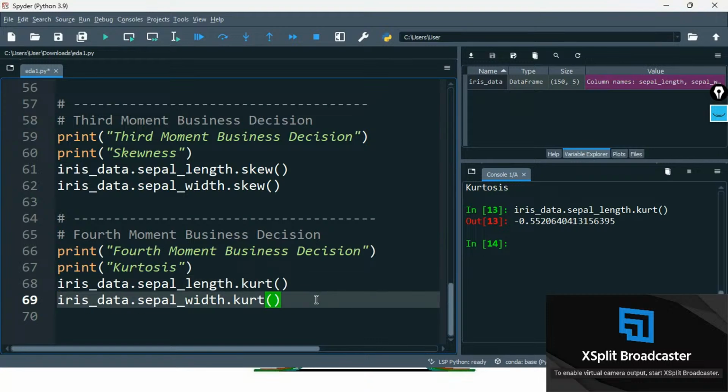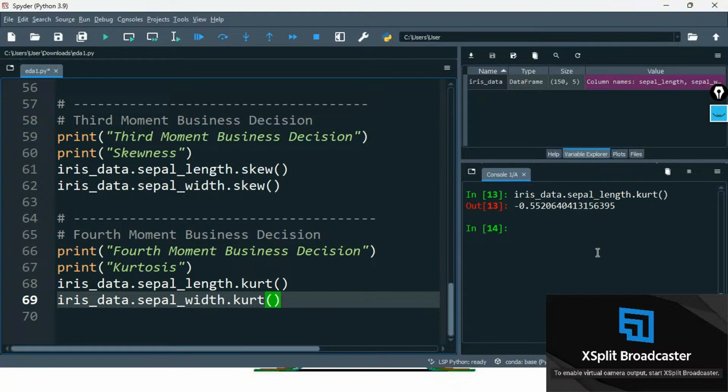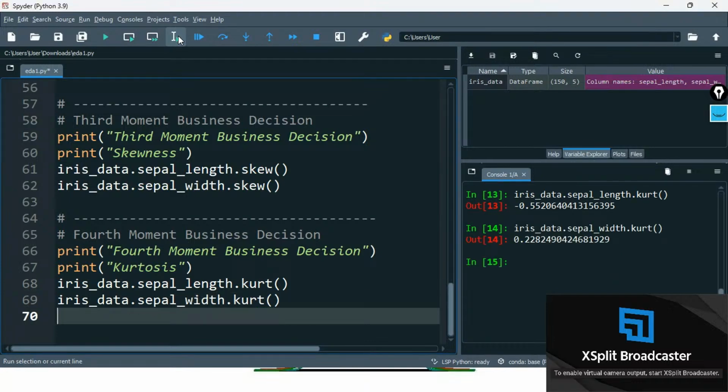Then let me also calculate kurtosis for sepal width. Is it positive or negative? Is it representing positive kurtosis or negative kurtosis for sepal width?